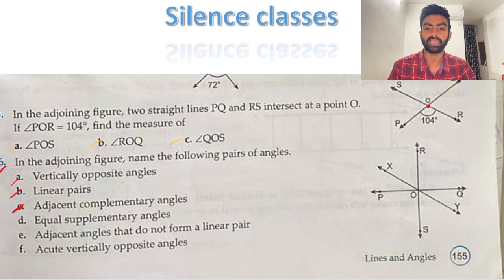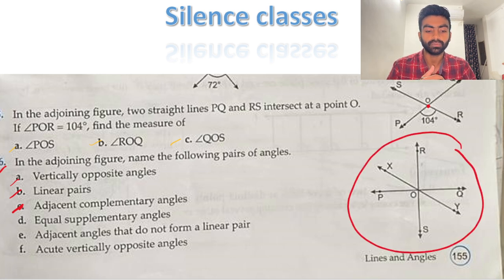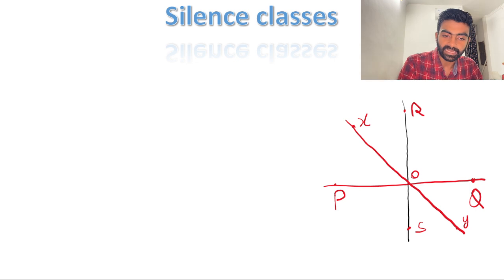Adjacent complementary angles, this is the figure. We have to find the adjacent complementary angles. Complementary angle means the sum of two angles must be 90 degrees.